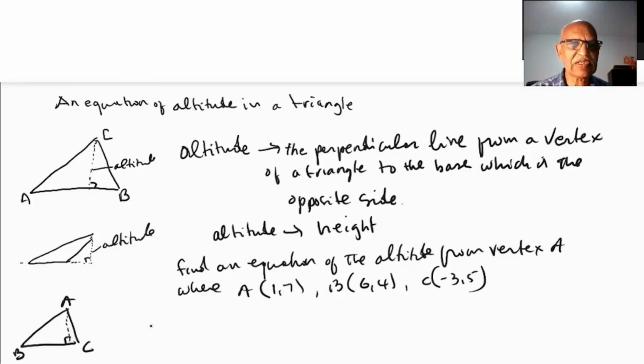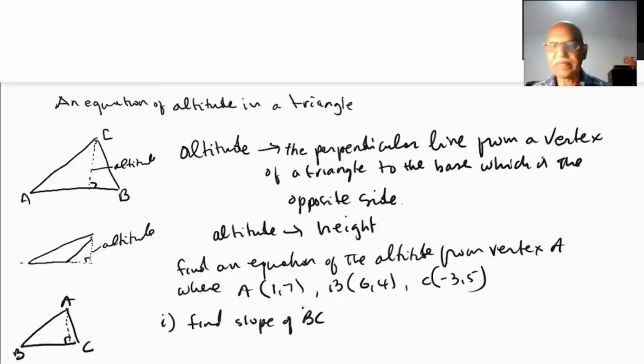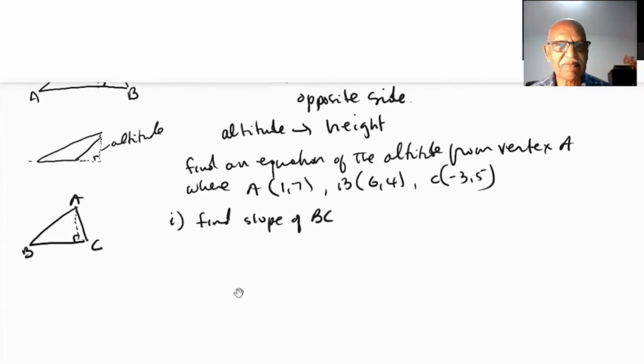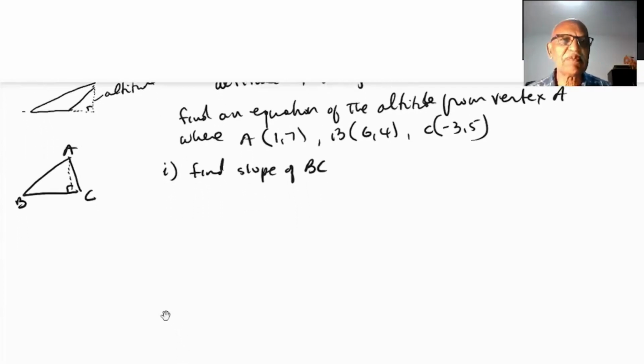So in this case, the steps would be: find the slope of BC. Since altitude is perpendicular to BC, their slopes are negative reciprocals. So find the slope of BC. Slope is always small m, y2 minus y1 over x2 minus x1.